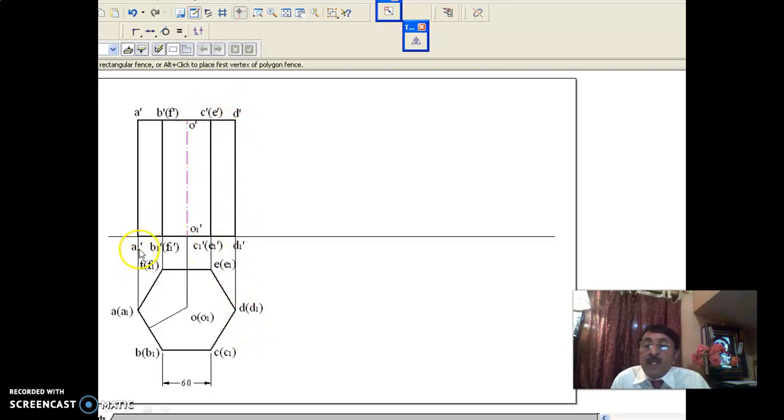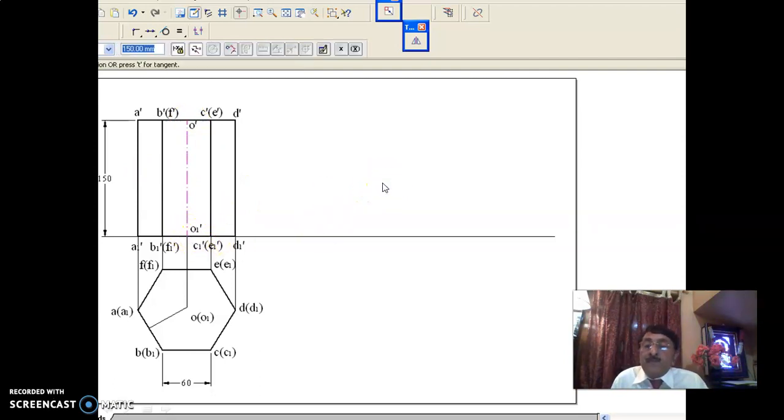In the same way, A1 dash, B1 is seen, F1 is not seen, B1 dash bracket F1 dash, C1 is seen, E1 is not seen, C1 dash bracket E1 dash, then D1 dash. In that way, 6 edges here, 6 edges here, and merging edges BB1, FF1, again merging edges CC1, EE1, then DD1. That means 6 edges, 6 edges and 6 edges, totally 18 edges.